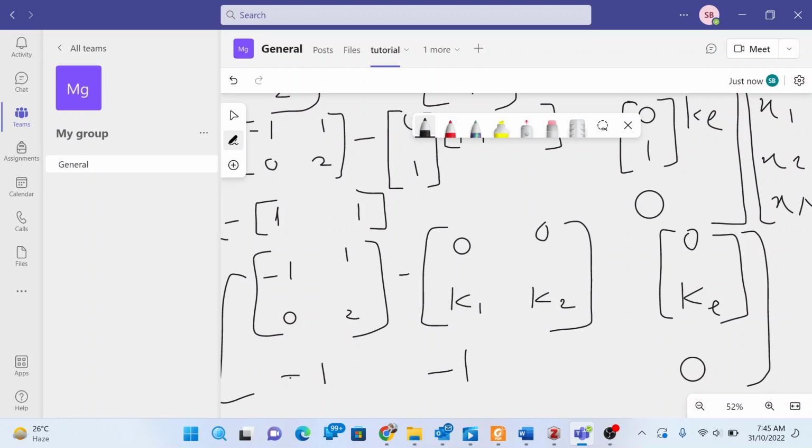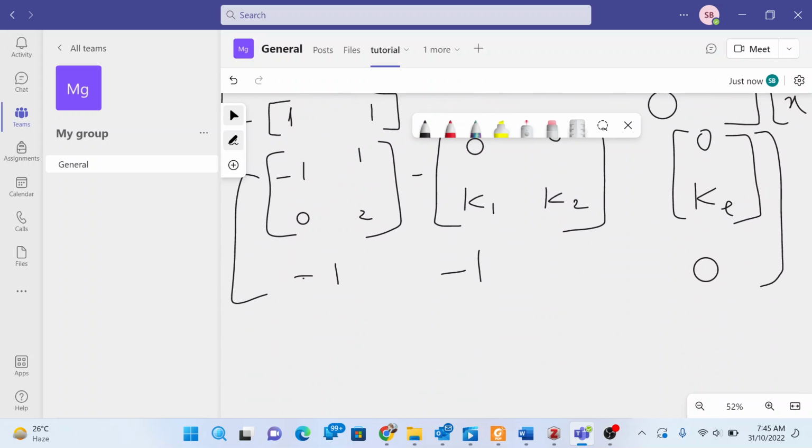So let's go ahead and deal with this matrix first. We can put others in our explanation later. So this matrix, let us subtract this from this.